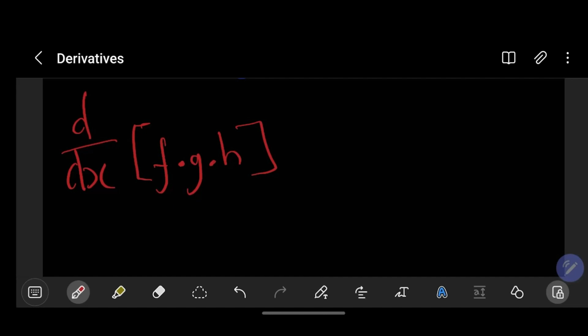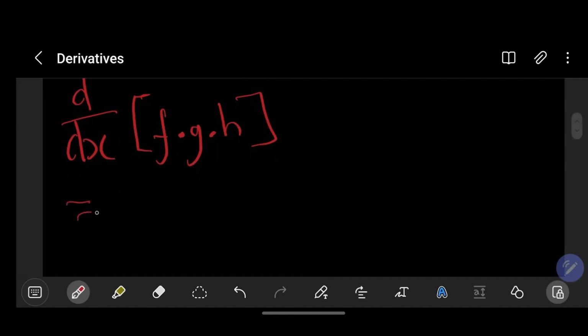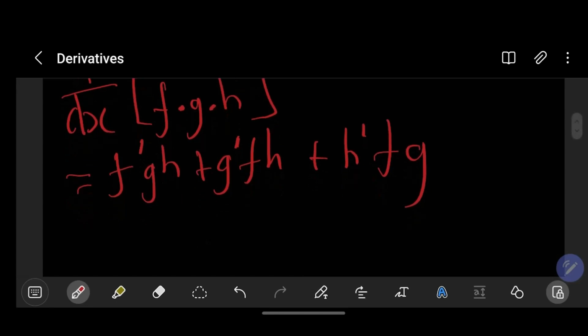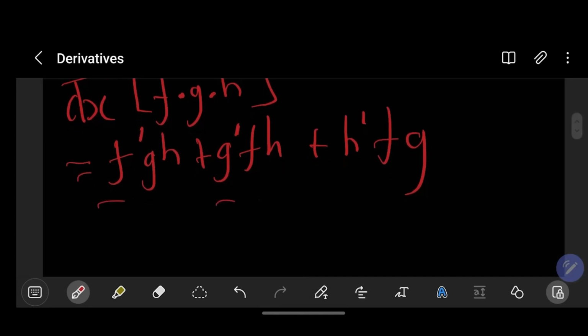Okay, so this is basically equal to, we can go with f prime gh plus g prime fh plus h prime fg. Okay, so it's just that for each one of them we have to make sure that we find the derivative of each, right? So we found f g h.